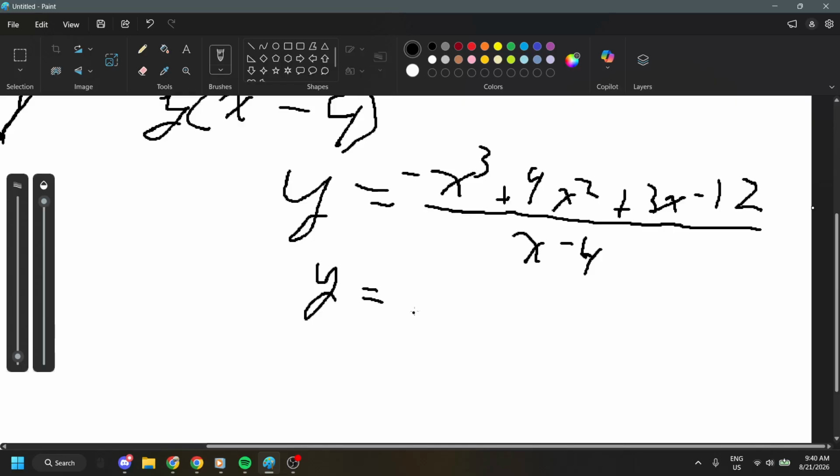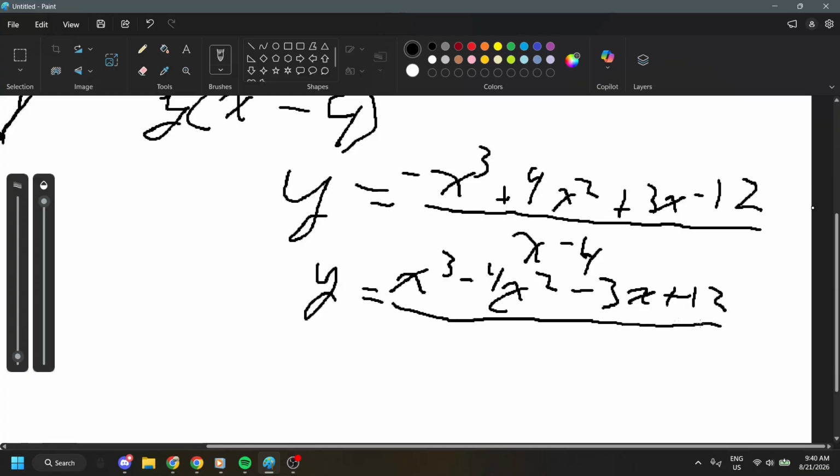So y is equal to x cubed, I'm going to just make this negative, plus minus 4x squared minus 3x plus 12 all over 4 minus x.